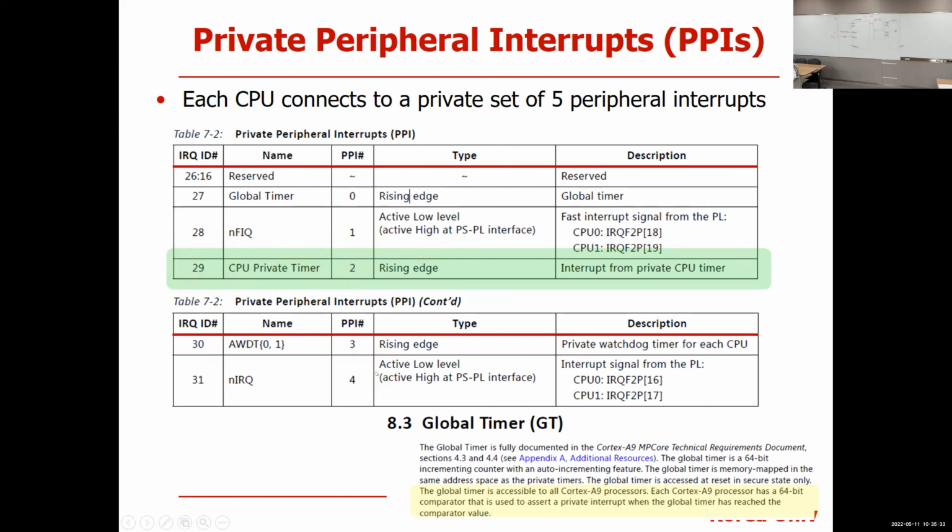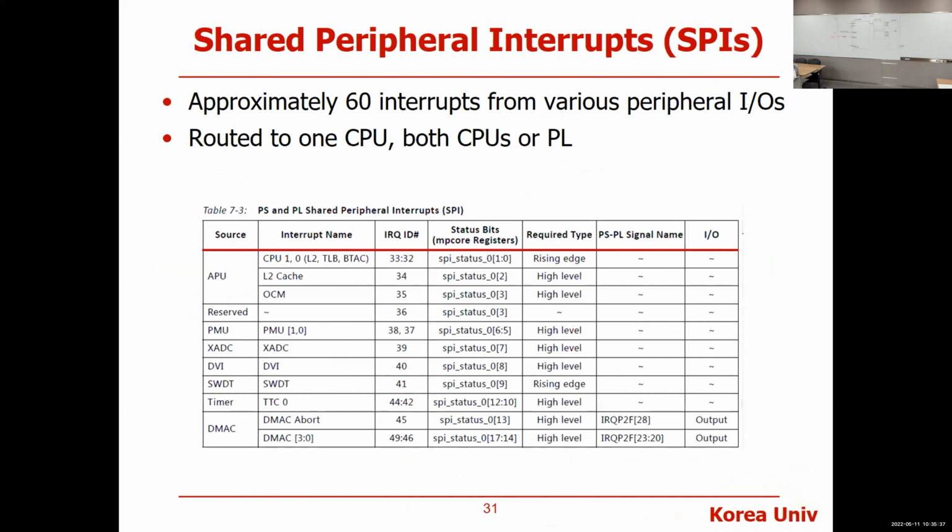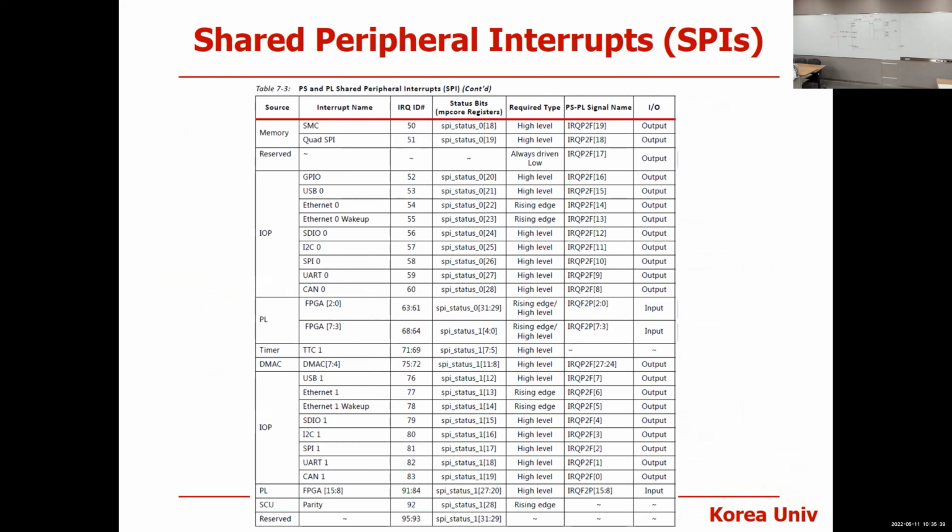You have to use number 29 for the private timer. Okay. And when it comes to custom logic inside the PL, the IDs start from 61. If you look at this number, 61 to 68, that means 8 interrupt sources, right?